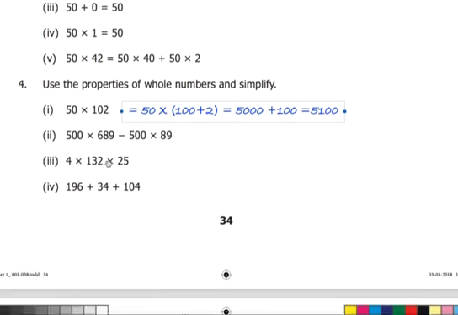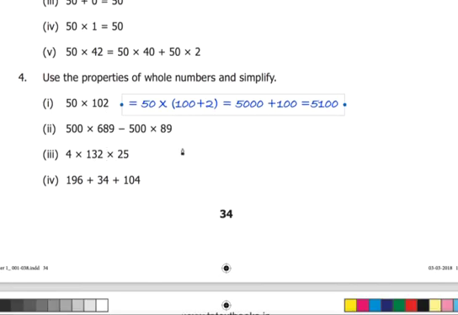Like that you have to proceed. You got my point. Here you can take 500 common. I'm going to do the second one also. Take 500 common. 689 minus 89. How much will it be? 500 into 600.